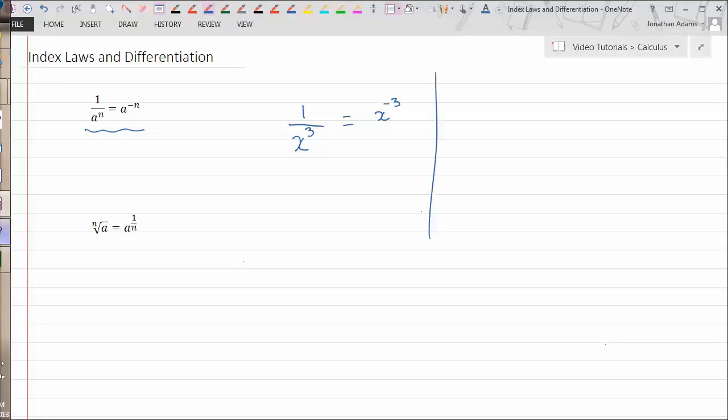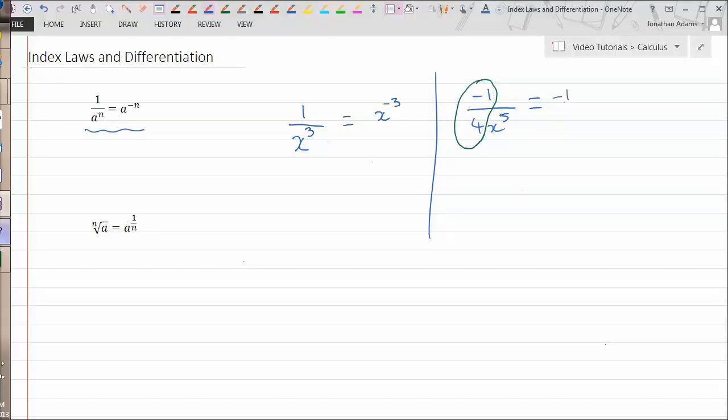Similarly, if I took, let's go, negative 1 on 4x^5. If I wanted to deal with something like this, I can just treat this negative 1 on 4 as being like a coefficient. So these numbers here, they look scary, but they're not so bad. Just treat that whole blob there as some big coefficient.